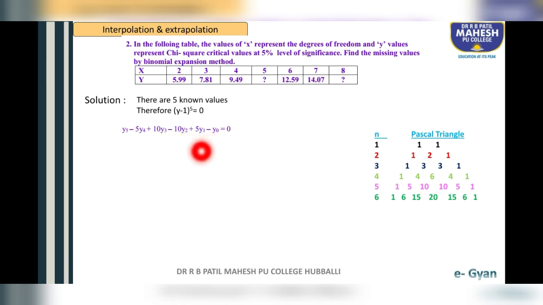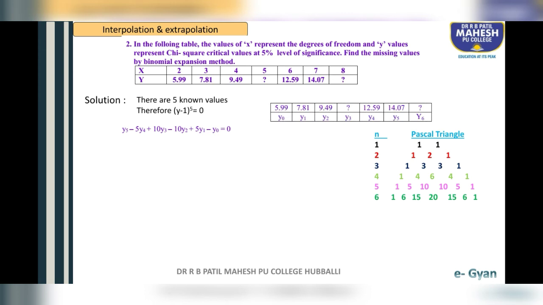For these coefficients you have to refer to the Pascal triangle. Here n is 5, and for the fifth series the values are 1, 5, 10, 10, 5, 1.